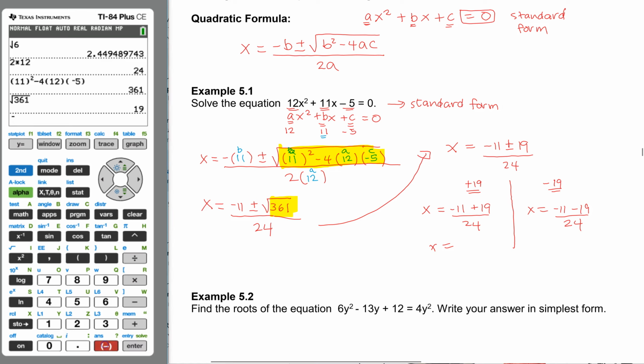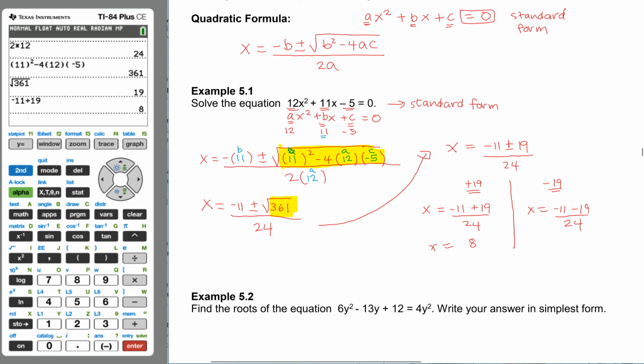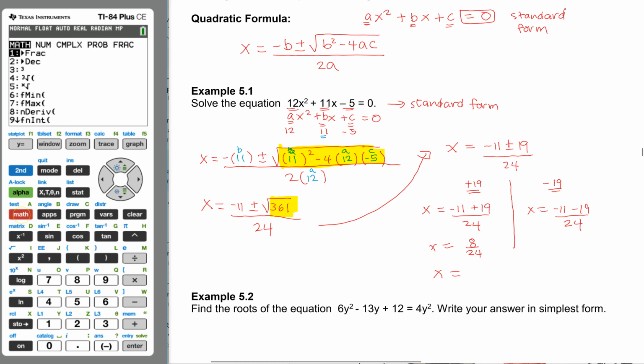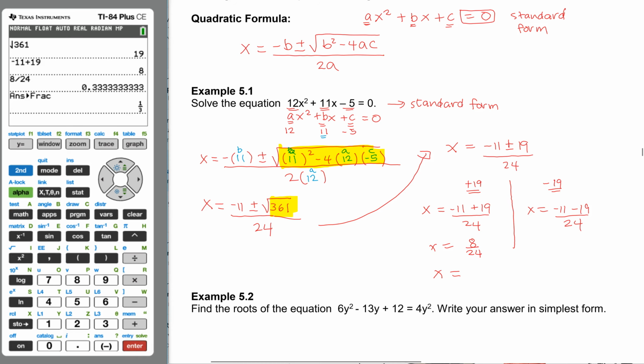Negative 11 plus 19 is 8, divided by 24. So x equals 8 divided by 24. Press enter. When you have a repeating decimal, go to math, enter twice, and this gives you 1/3. So this one is the simplest form.